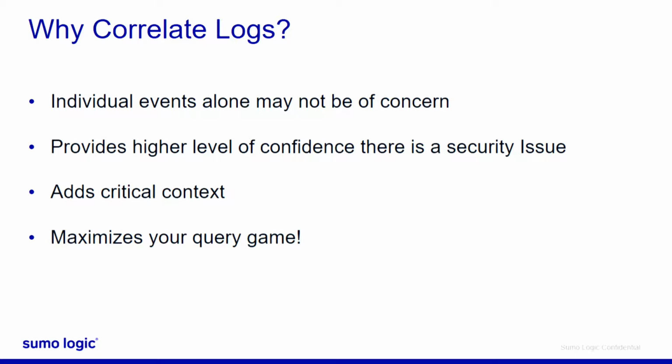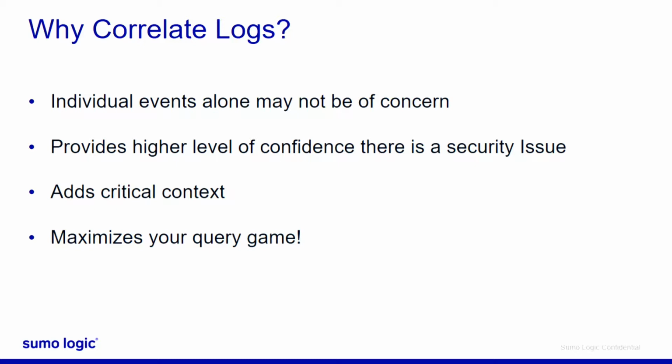It also provides us a higher level of confidence that we actually have an issue. We really want to cut through the noise so that we're not wasting our time investigating things that aren't necessarily that important. So the more information we have through correlation, the better we can be at identifying real issues. We can also add critical context.